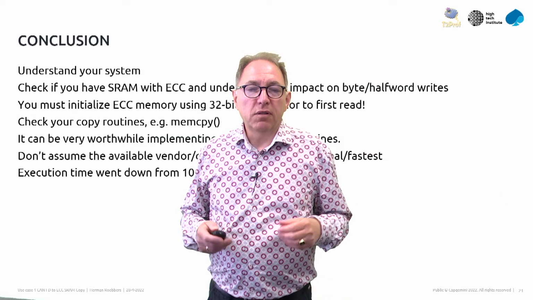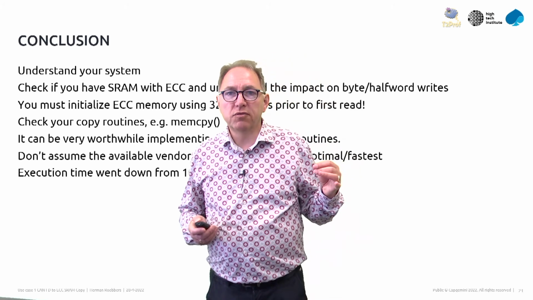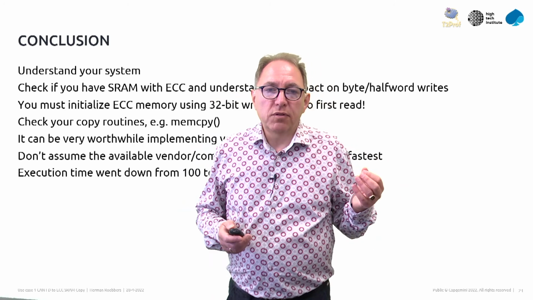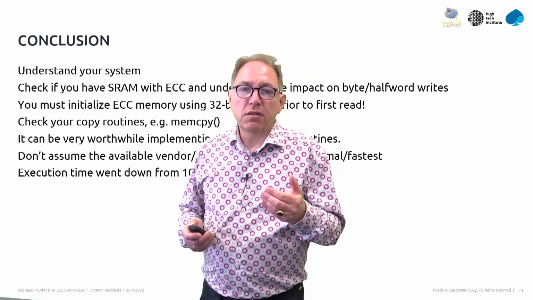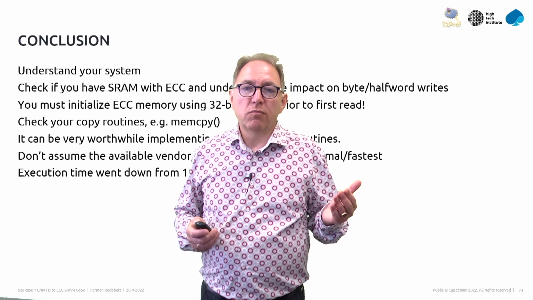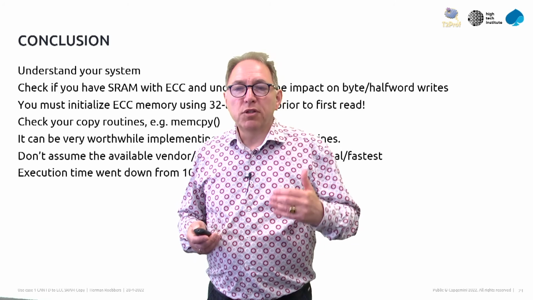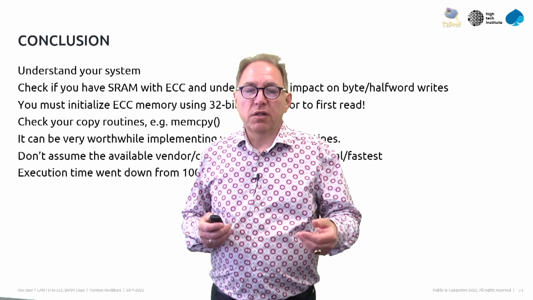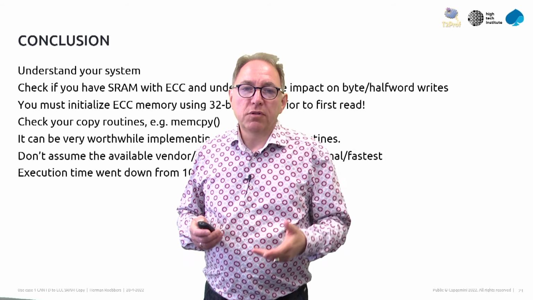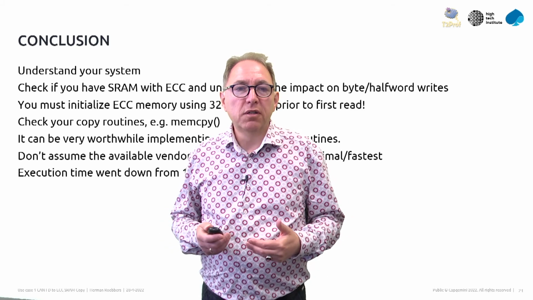So the idea of this session is that you understand this kind of system behavior, check if you have this SRAM with ECC, error correction code, and understand what happens when you do half word or byte access. Before you can read from this memory, you first have to write it to initialize the checksums for all this memory. And you have to do that 32 bits at a time, otherwise you'll get read errors.